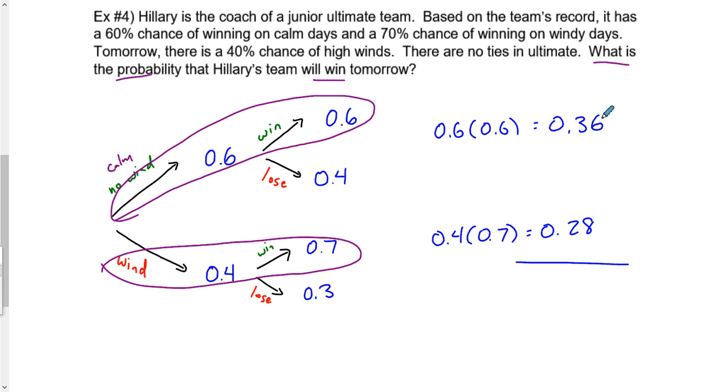Talking about, well, if there's a 40% chance of high winds, we're just trying to deal with some situations. Say 36% add 28% should come out as 64%. And therefore, in total, that means that Hillary's team has a 64% chance of winning tomorrow. Good chances. So meaning she'll win approximately 2/3 of the time. Good percentage and fantastic things to do.